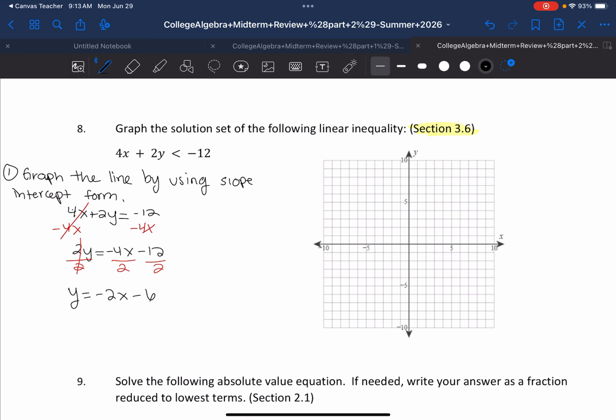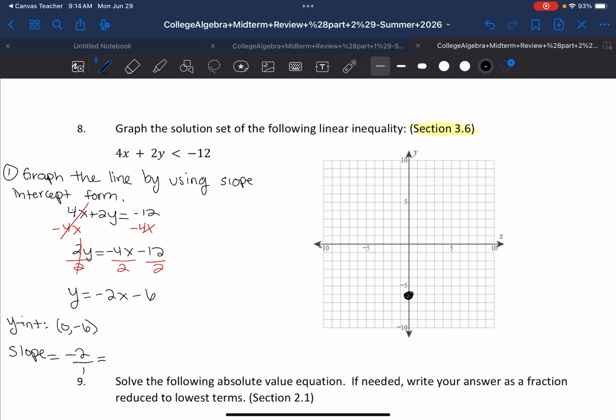Okay, so the y-intercept is negative 6. So that's 0, negative 6. This is right here. So to graph using the slope-intercept form, you graph the y-intercept first, which is where it would cross the y-axis, so at negative 6. And then the slope is negative 2. And I can make this a fraction by putting it over 1.